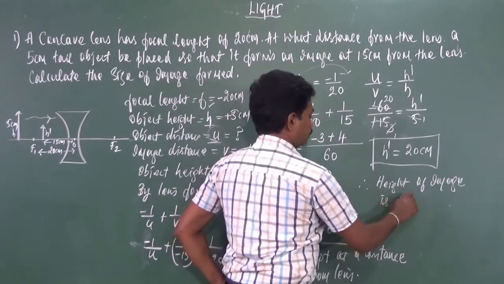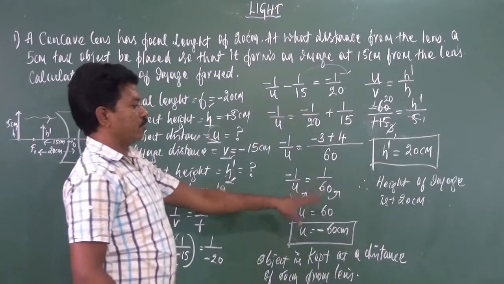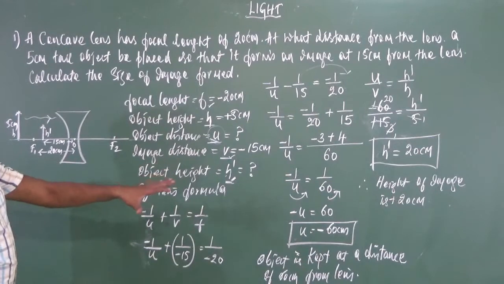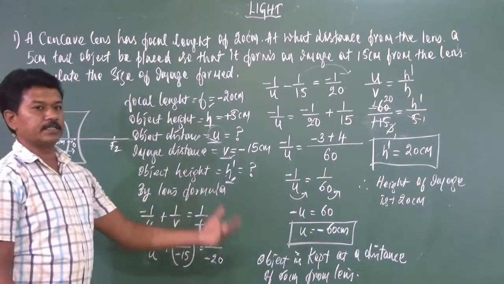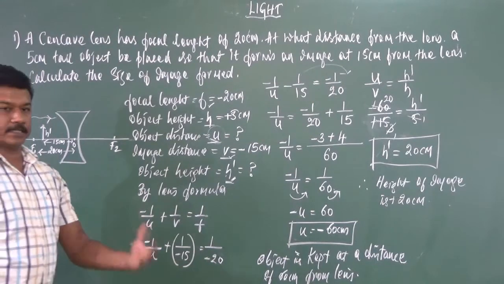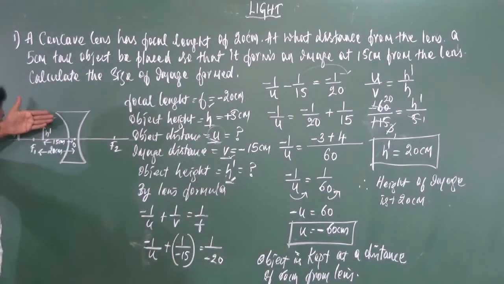So why are we getting a plus sign? Why did we get plus 20 there? Because plus 20 centimeter, the height of the image, indicates that the image is virtual and erect. So the image is placed above the principal axis.